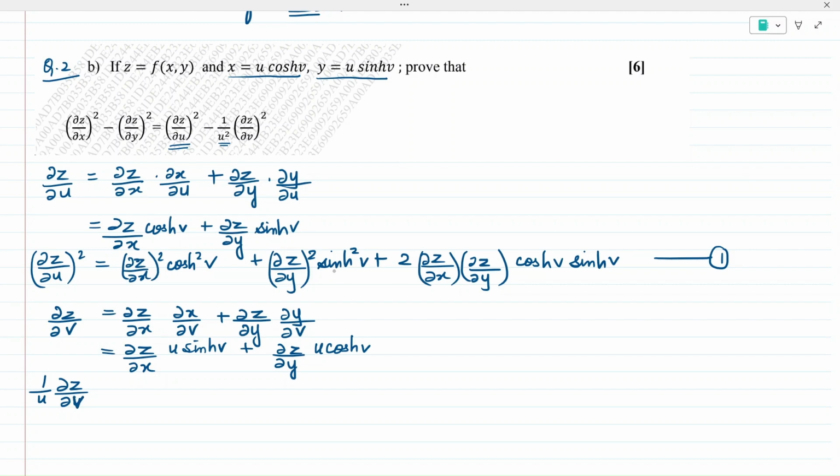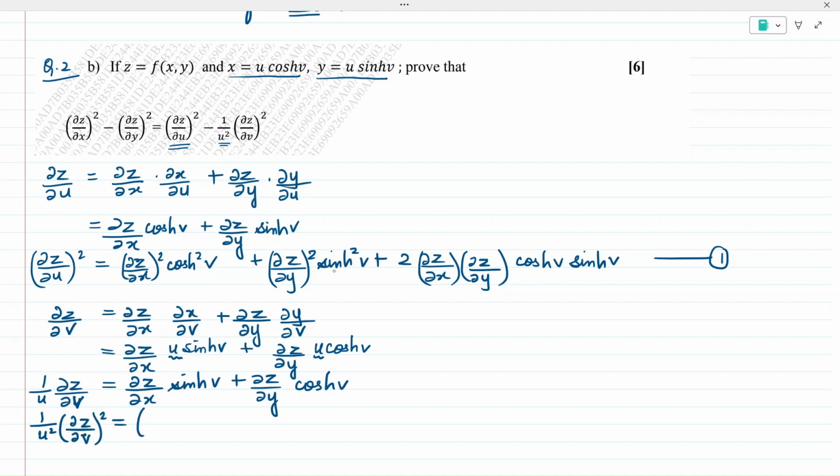So let's observe, when I multiply by 1 by u, this u and this u will get cancelled. So I'm left with del z by del x into sin hyperbolic v plus del z by del y into cos hyperbolic v. Again, you require the square, so 1 by u square as it is, del z by del v the whole square.